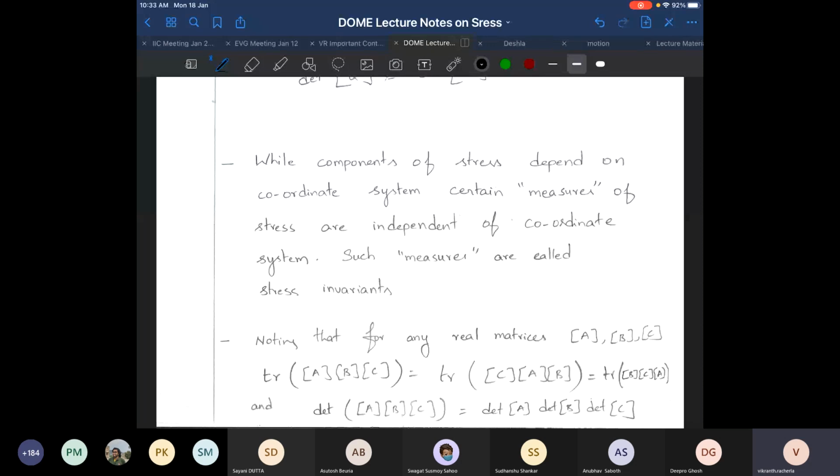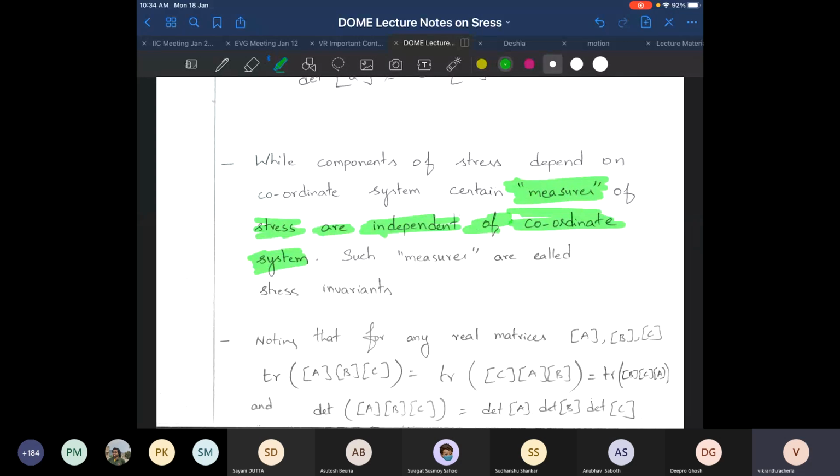So we cannot directly use components of stress in a failure criterion. What we will have to do is work with something called invariants of the tensor, or measures of stress that are independent of the coordinate system. If you take a vector, the components of a vector depend on the coordinate system.